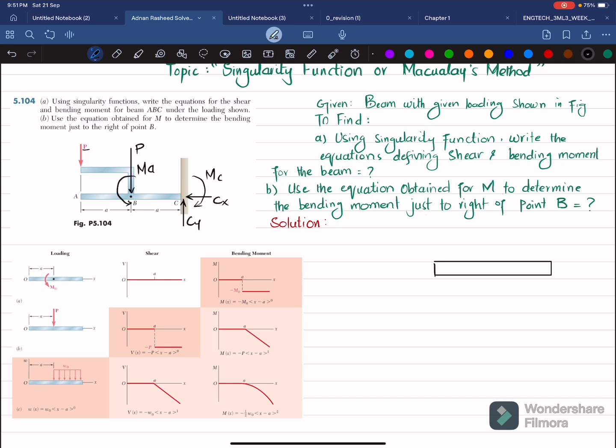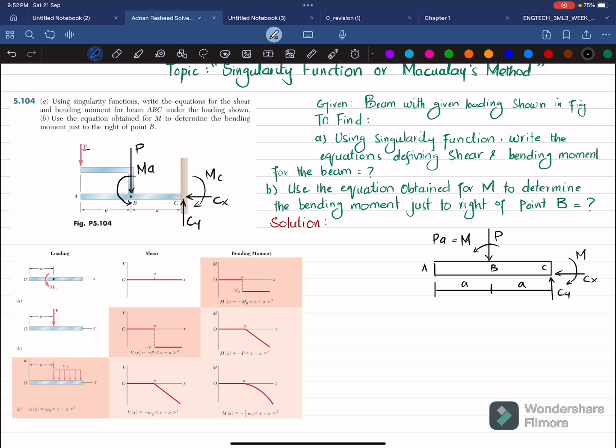So we will draw the free body diagram for the beam which is shown in the diagram. So this is the beam and this is point B where you have a load of P by using force couple system, and you will have a moment in counterclockwise direction which is equal to P into A. The distance from point A till point B is A, and the distance from B to C is also A. And we have shown that there is a vertical reaction force CY as well as CX as well as moment MC.